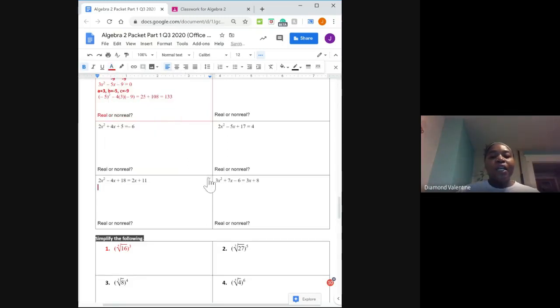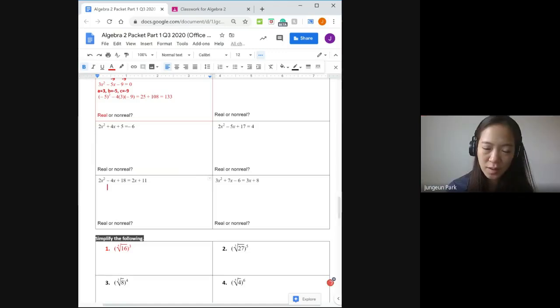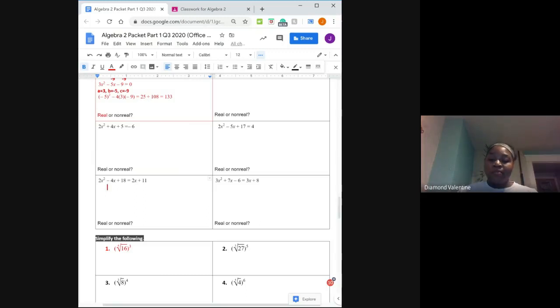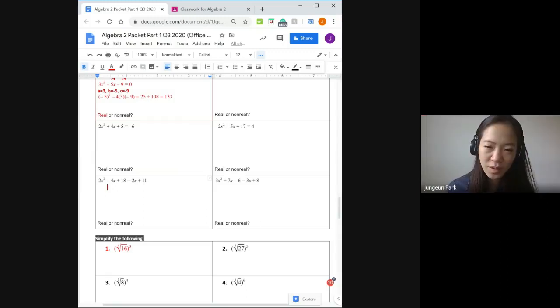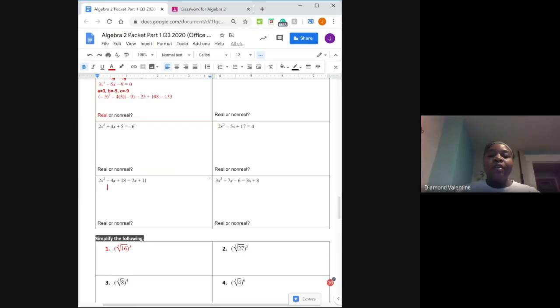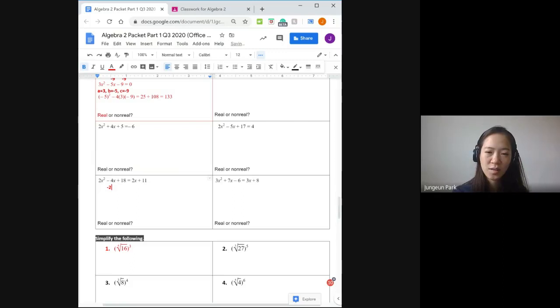You would do something that would cancel both of them out. How do I cancel 2x? You would subtract 2x from both sides.